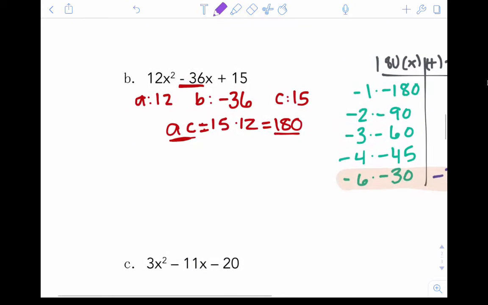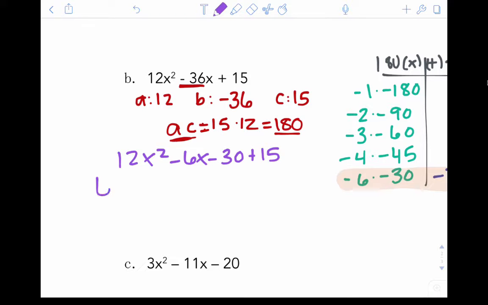So I'm going to substitute negative 6 and negative 30 into my quadratic expression. So I have 12x squared minus 6x minus 30x plus 15. For my first two terms, I'm going to factor out a 6x, and I'm left with 2x minus 1.